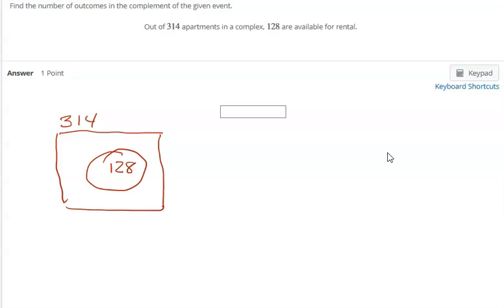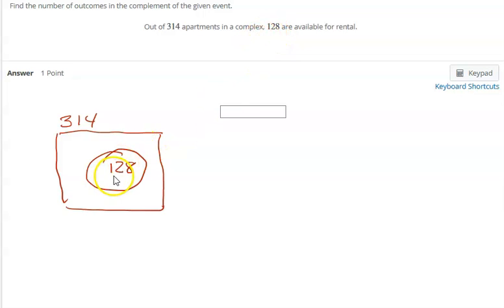Now, as we read this one, we're asked, find the number of outcomes in the complement of the given event. So again, a Venn diagram might help, but there's this many apartments. So our universe is 314. And this many are available for rent.